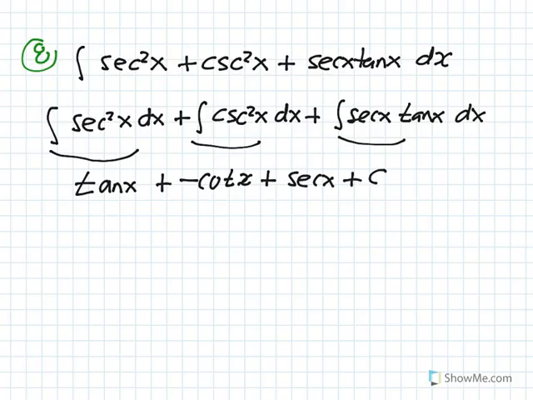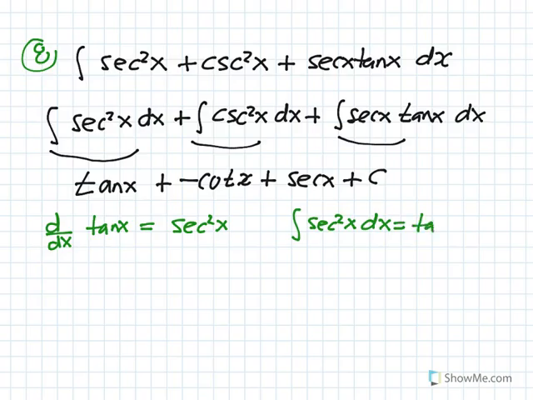So a couple of things we need to memorize. Derivative of tan x is secant squared x. Integral secant squared x dx is tan x plus c.